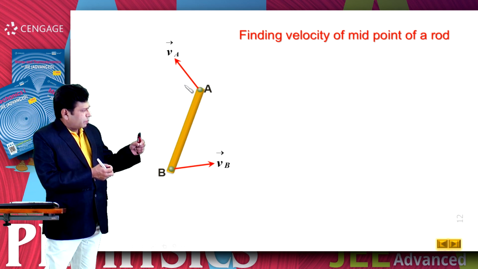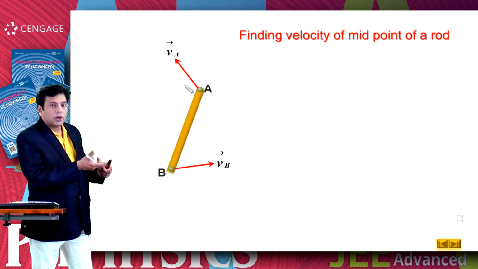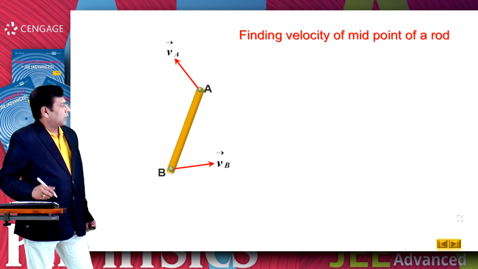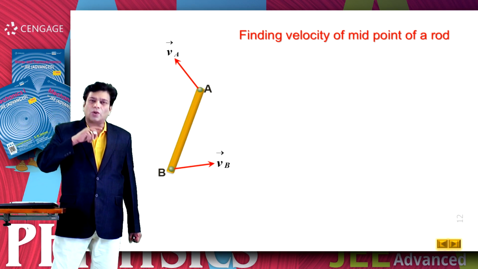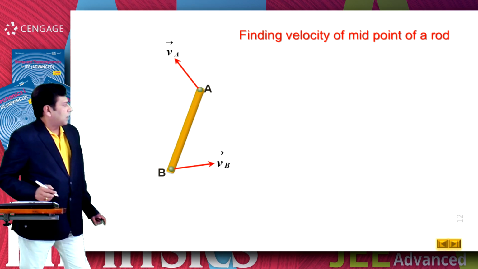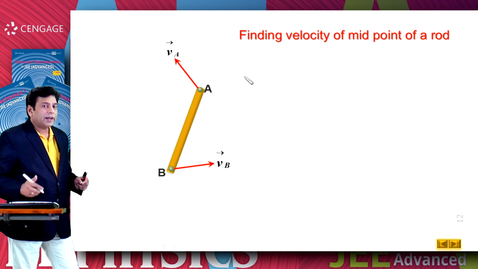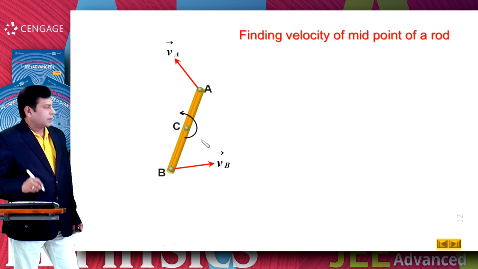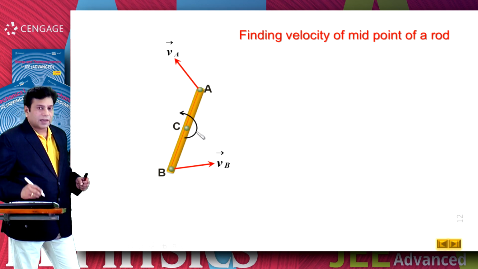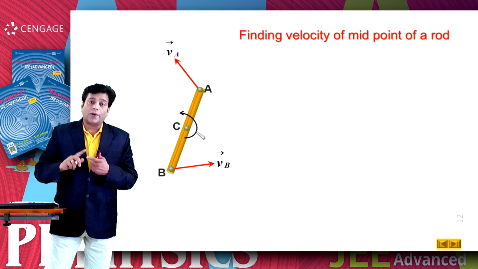You know, because of these different velocities, rotation of the rod will occur. The angular velocity of the rod is constant throughout the rod. Let us take the middle point of the rod and assign a certain angular velocity here, like this, and let us assign a certain velocity to the central point, that is the midpoint of the rod.